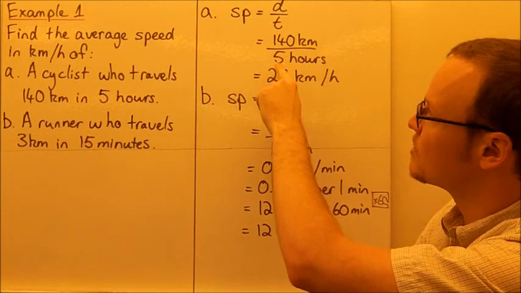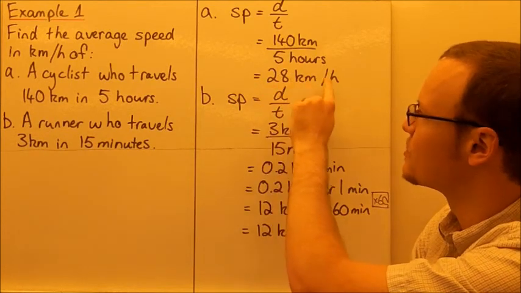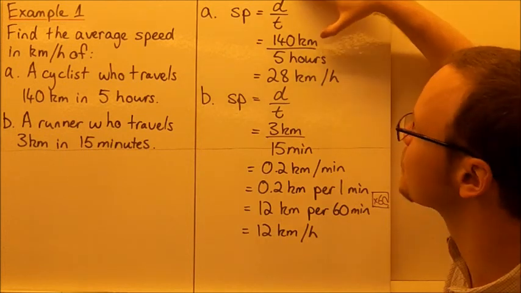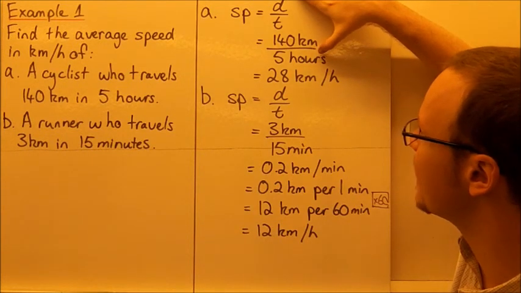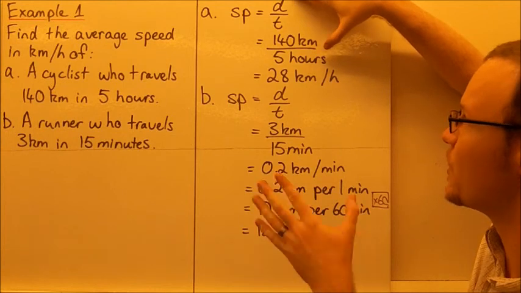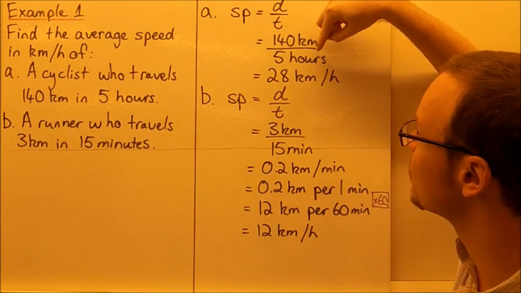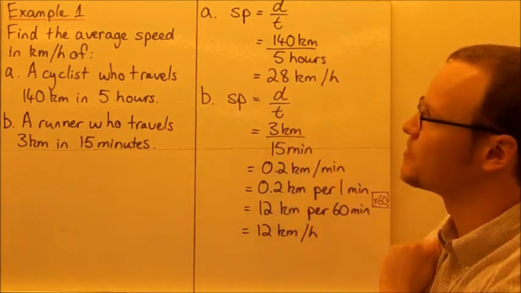So 140 divided by 5 is 28 kilometres per hour. Notice that they're already in the correct units, kilometres and hours. If not, we're not going to get the units of kilometres per hour. It's only because we've got kilometres and hours here that we do get kilometres per hour.